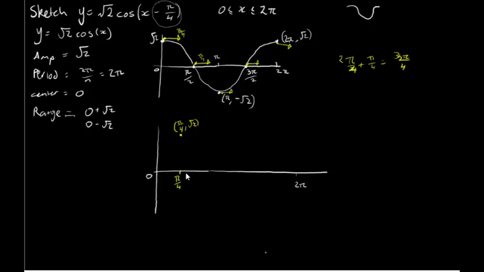So that point moves across to 3 pi on 4. Our minimum point now moves across. We had pi and we add pi on 4. So that's going to be 5 pi on 4. So here's pi, here's 5 pi on 4. So that's going to be our minimum point now.